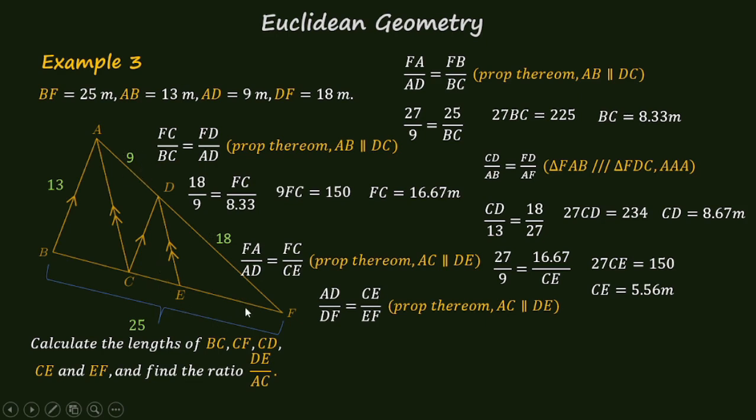So the only missing length will be the length of EF. If you substitute the values, you find that EF is 11.11 meters.